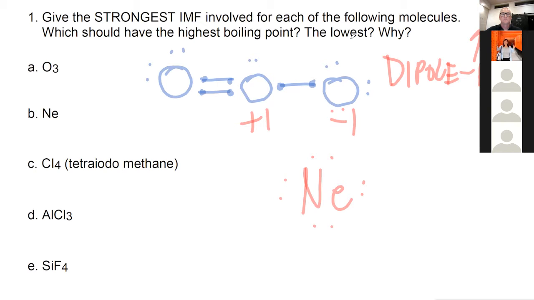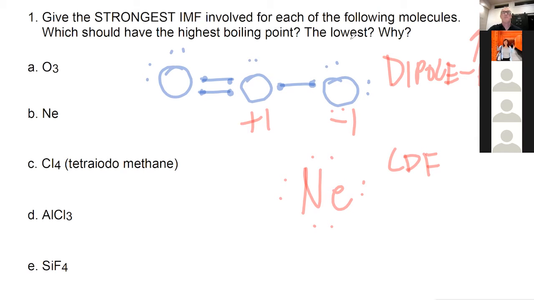Can it have an intermolecular force? Everybody can have an intermolecular force. Even though it's a noble gas and stable, it can still have an intermolecular force. It's not very strong, but it still has one. LDF, London dispersion, that's right.